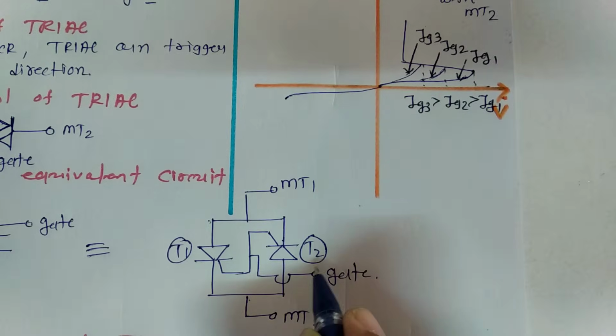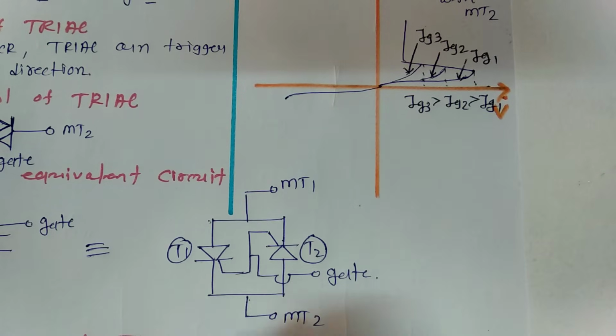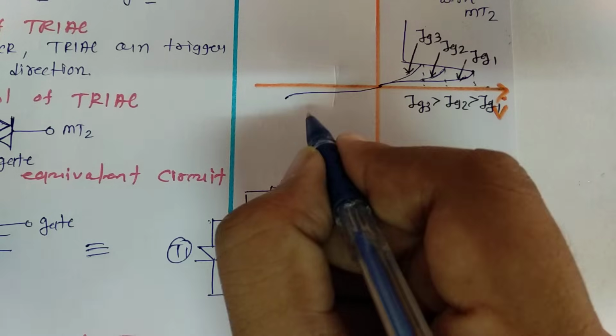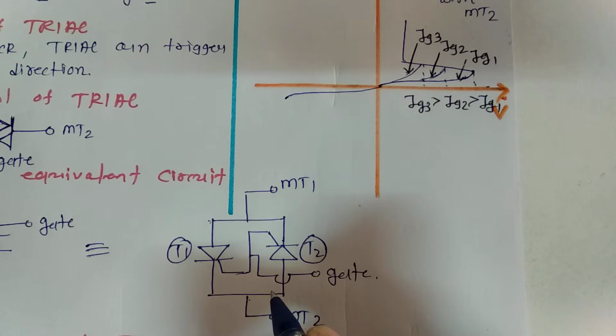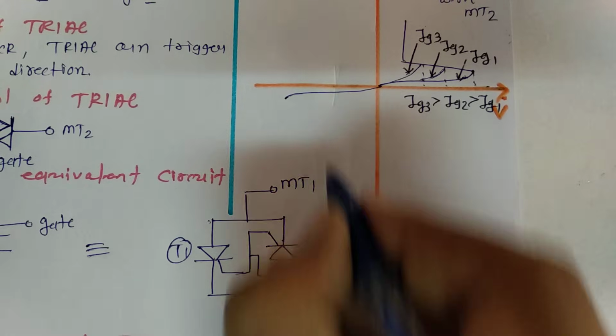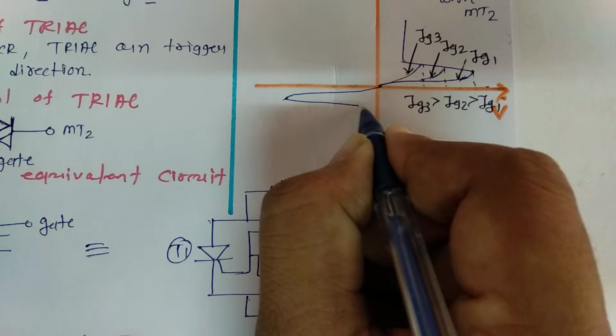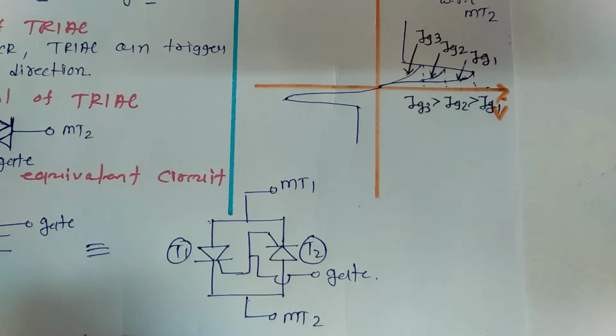Its characteristic is similar to the forward bias SCR characteristic, which is the characteristic of T2, and once it gets triggered its current will be like this.